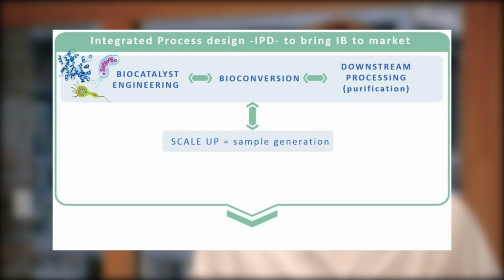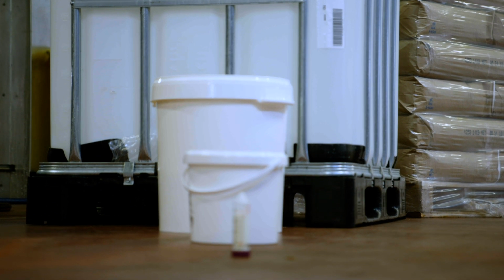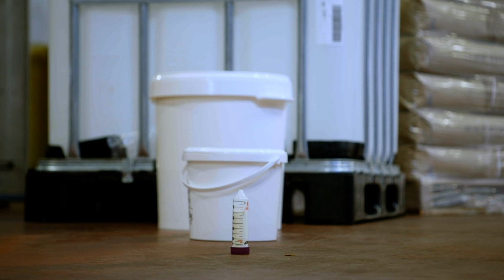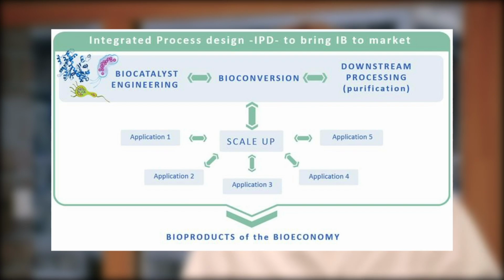One of the purposes of the work in a pilot plant is first of all to demonstrate the process, but also to produce product in a larger quantity. Whereas in a lab scale we have produced 10 grams, in a pilot plant you can produce kilograms up to tons of product, which is also very important because very often people need sufficient quantities to do application development of your new product.